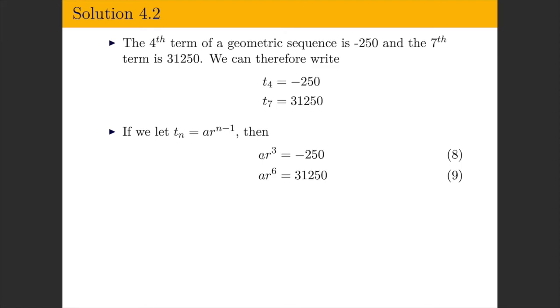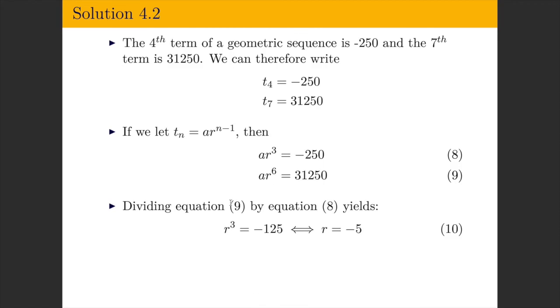In this case, I'm going to use the elimination method, but not by subtracting the equations from one another. Instead, I'm going to be dividing the equations by one another. If I divide the left-hand side of equation 9 by the left-hand side of equation 8, the A's will cancel out, and I'll only be left with r's, which will be very useful. That's exactly what I'm going to do.